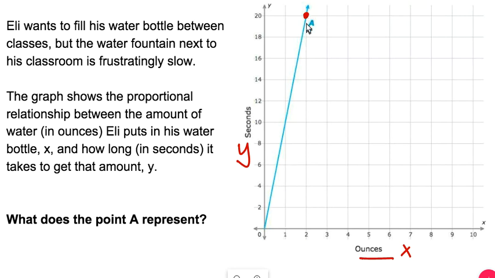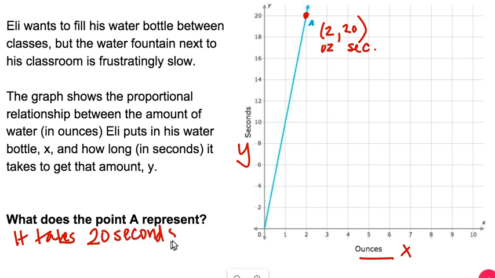Well, my x coordinate is 2 and my y coordinate is 20. 2 is the ounces, 20 is the seconds, right? So it takes 20 seconds to fill 2 ounces.